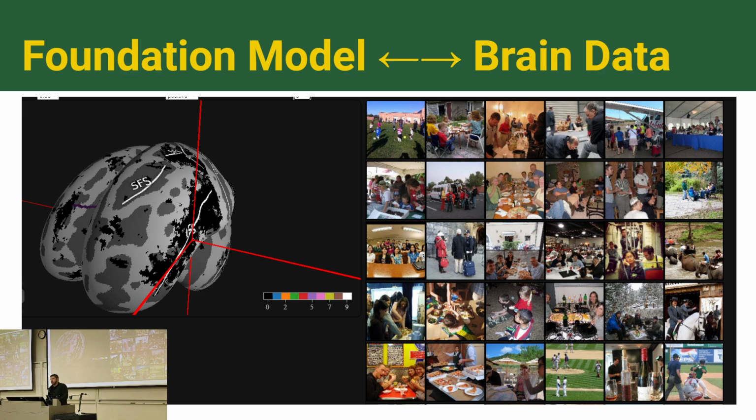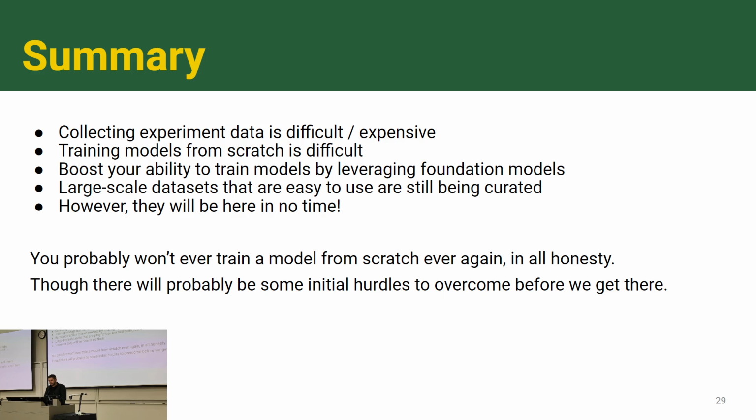So going beyond what was decodable from the brain originally, which might have just been, say, cat versus dog versus person, you can actually start to get way more fine-grained information from linking brain data to foundation models in a way that's different from actually modeling the brain data directly, which is another possibility.